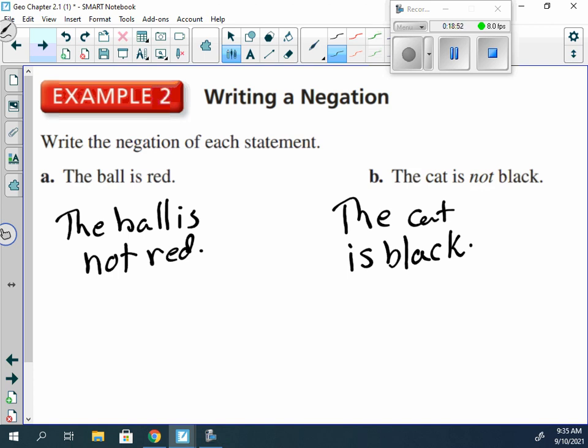Because the original statement said it is red, so the negation of it is not. The original statement says the cat is not black. Well, the opposite of it, the negation of it, would just say that the cat is black. Because really, we're just taking the statement from true to false or false to true. We're not changing it any other way.